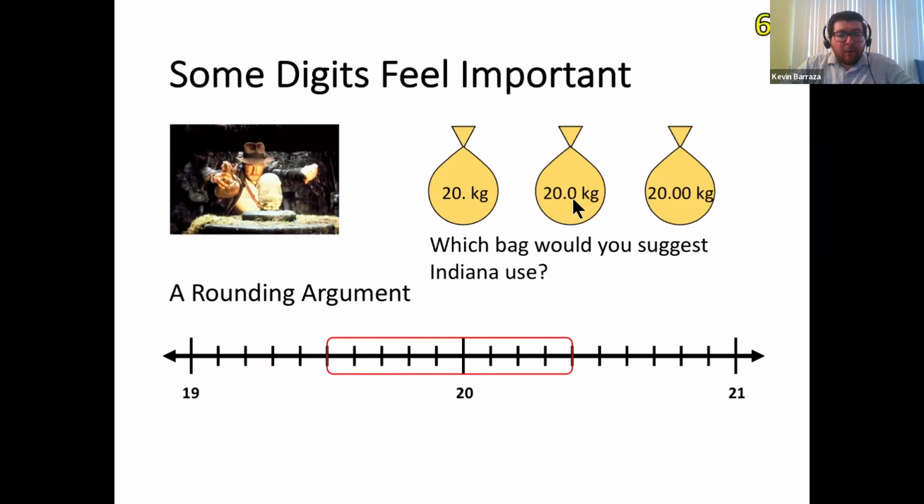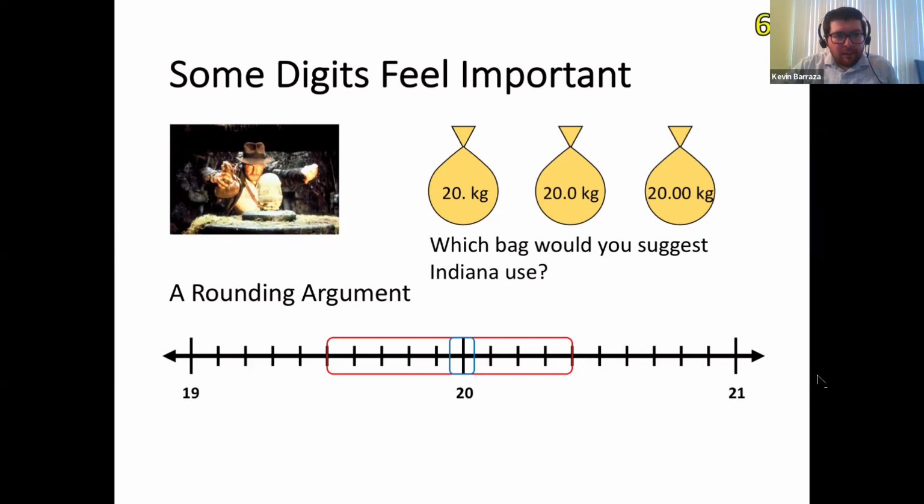But if I were confident to the tenths place, using the idea that the last digit is the last one I'm confident with, that means the range this number could represent is 19.95 all the way to 20.04, right?